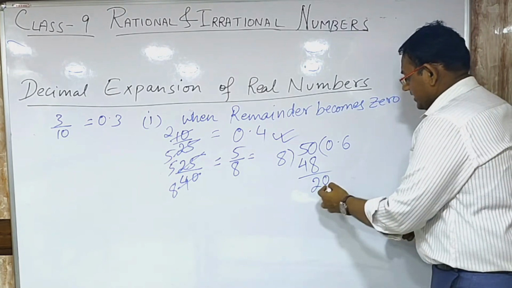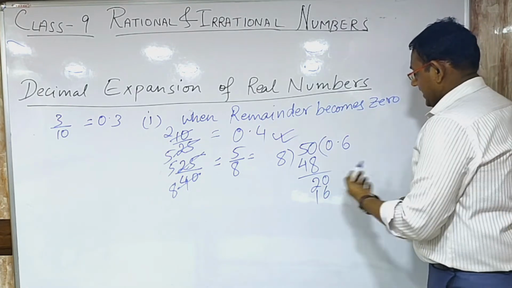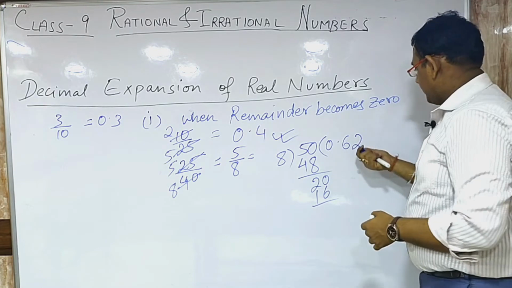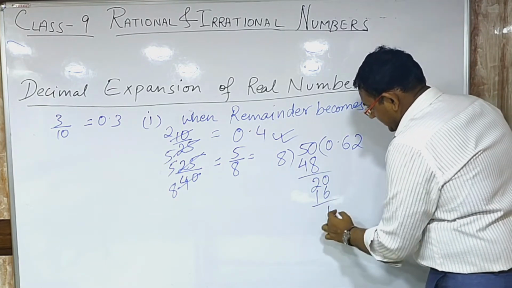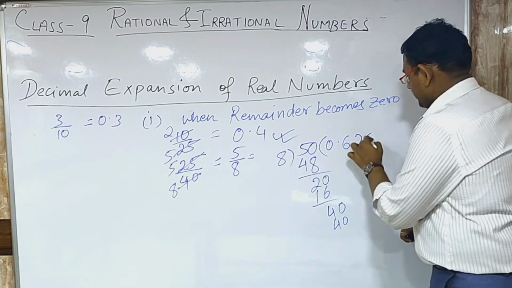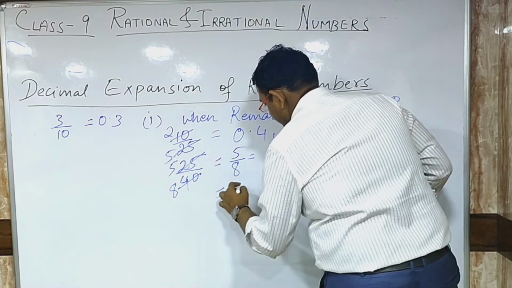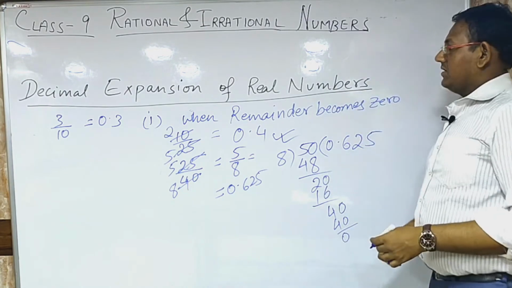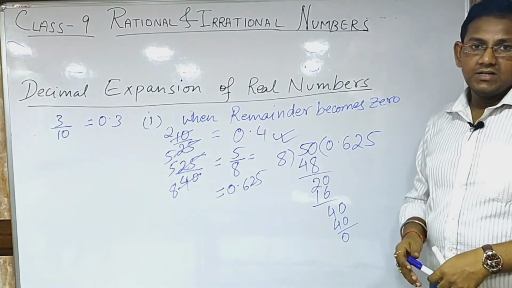Then 16 is a number that can be easily divided by 8, which is 8 times 2. Similarly we write 0 and 40 over here. So we get 0.625. This also has remainder 0. So the first part specifies that the remainder becomes 0.